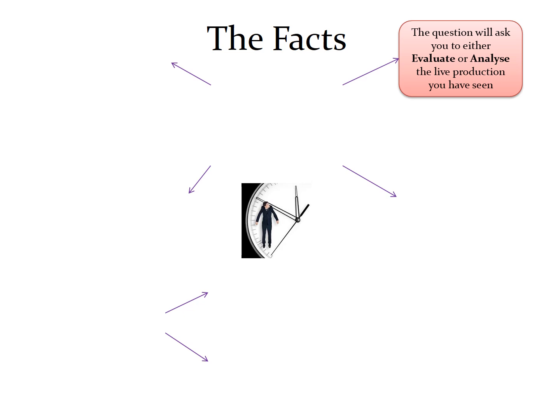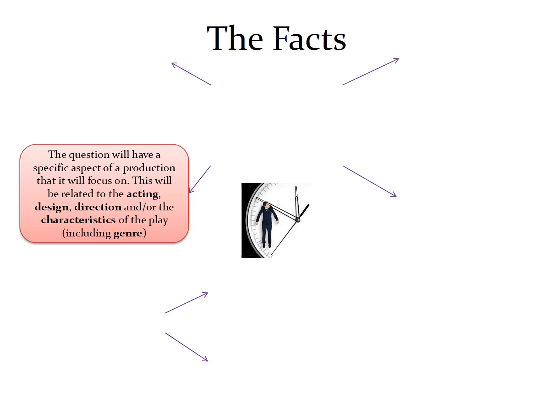Just do what you always do in drama. Make your point, give a specific example, justify your point in relation to the question. The question will have a specific aspect of a production that it will focus on. It will be related to acting, design, direction.